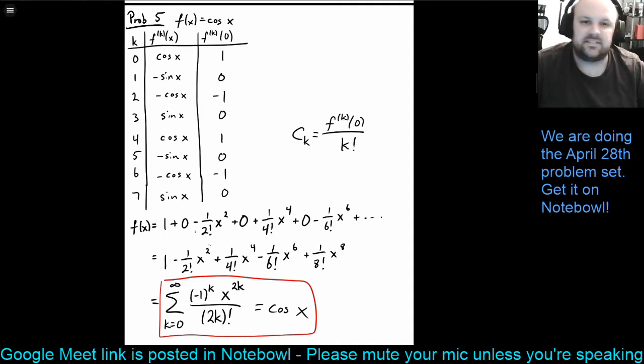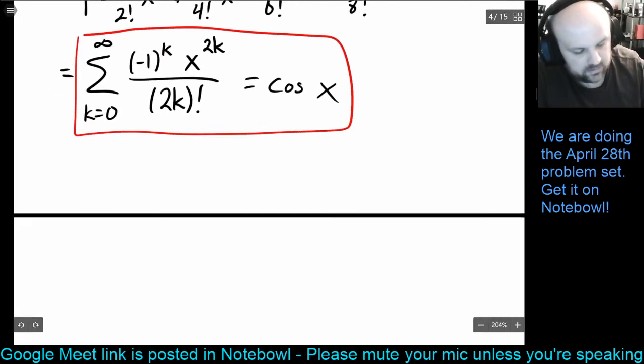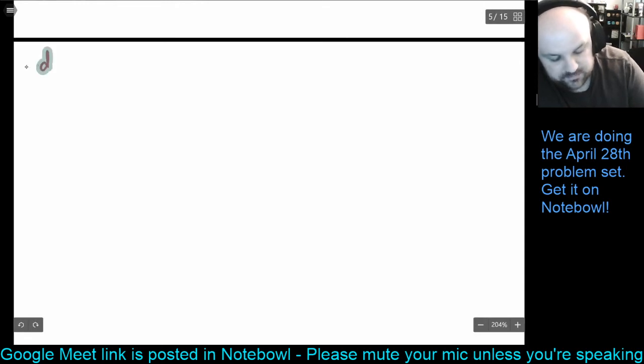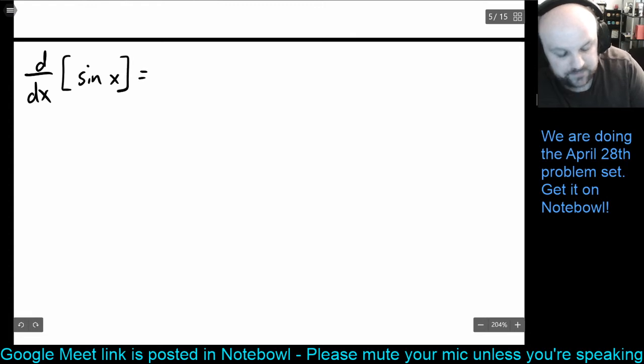Awesome. All right, so let's check this next part, which is to verify that this is the derivative of the Maclaurin series for sine of x. Because we know cosine is the derivative of sine. Does this still work if we look at it as a Maclaurin series? So we're trying to take the derivative of sine of x, looking at it as a Maclaurin series.